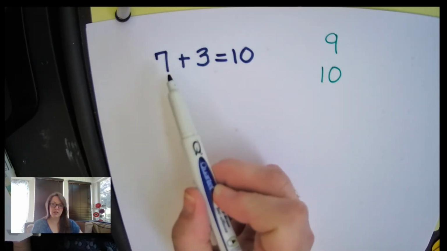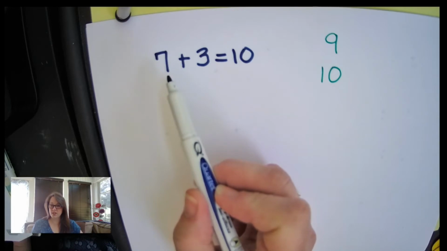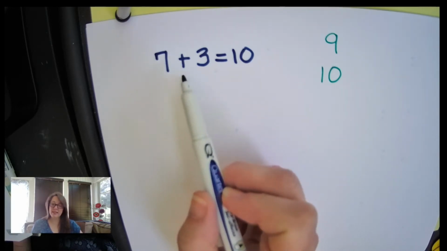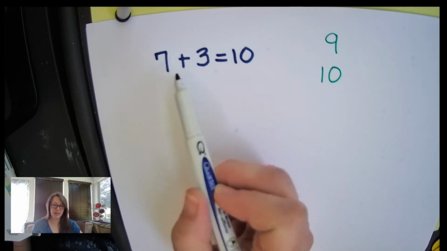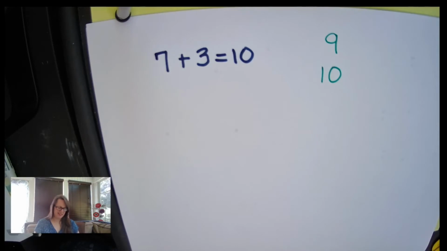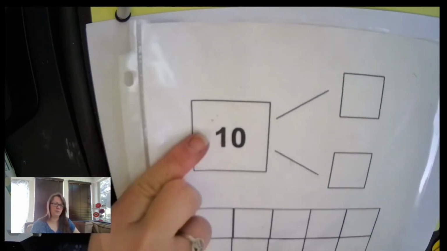She thought about the facts that she learned in first grade that make 10. 7 and 3 equal 10. Let's explore that just a little bit.